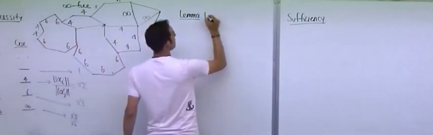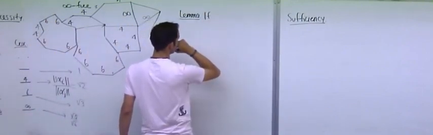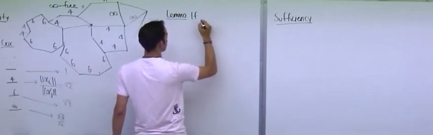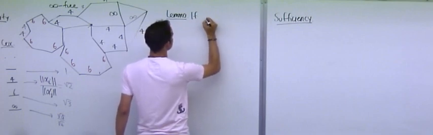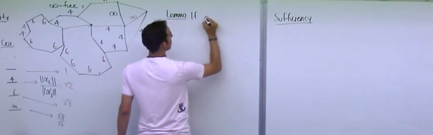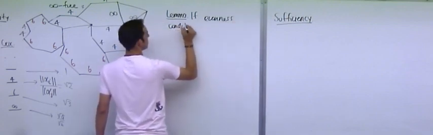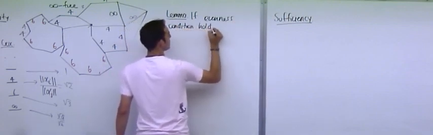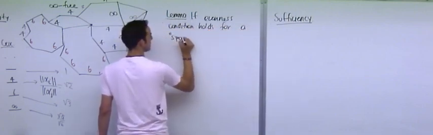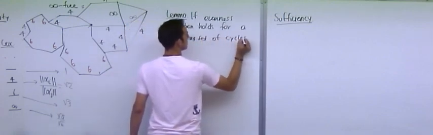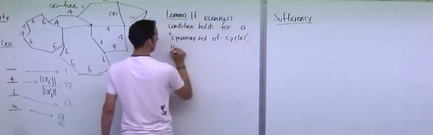So let's say that if the evenness condition holds for a spanning set of cycles, then it holds for all cycles.